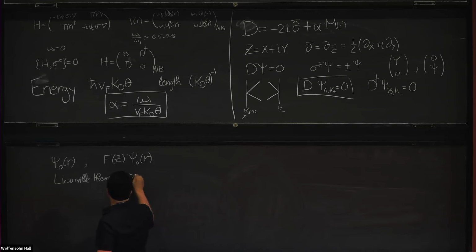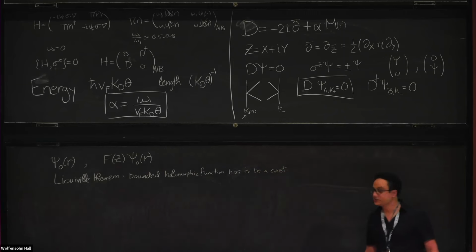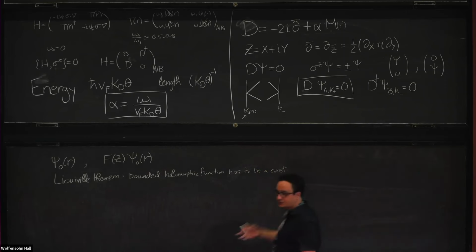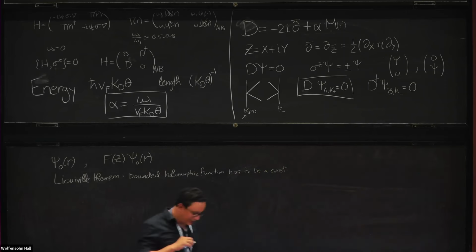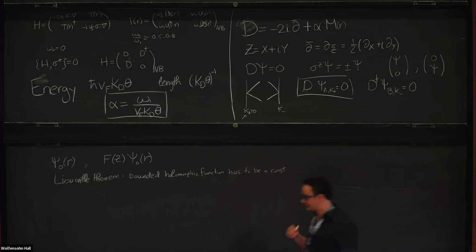So this doesn't help us much. If we multiply a wave function by a constant, we get the same wave function. So what can we do next? Given that we kind of know numerically that this model has some perfectly flat bands.